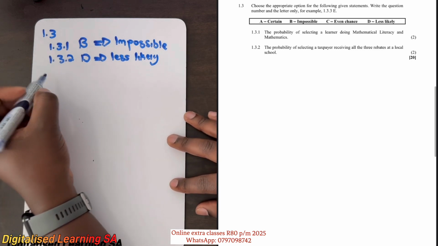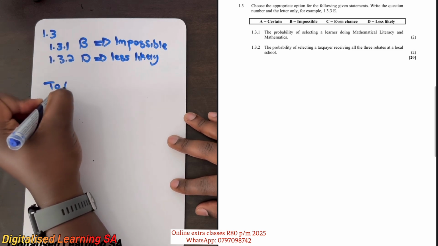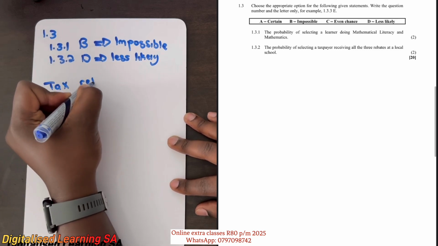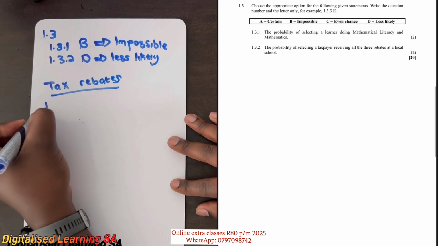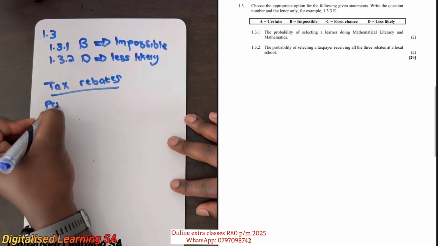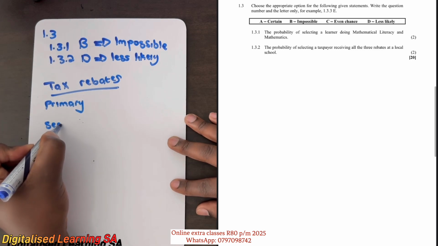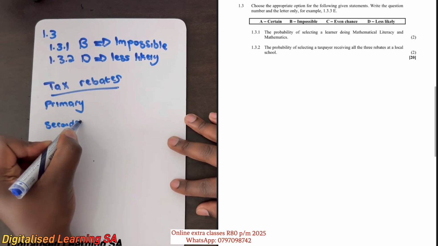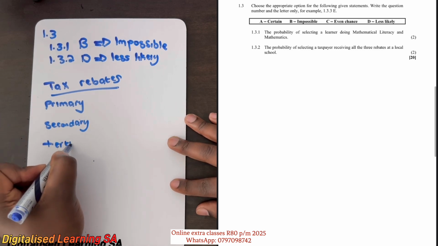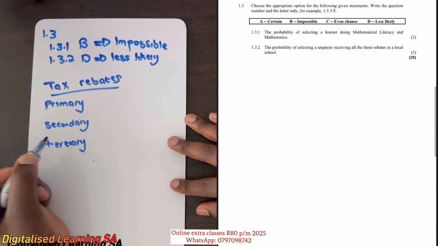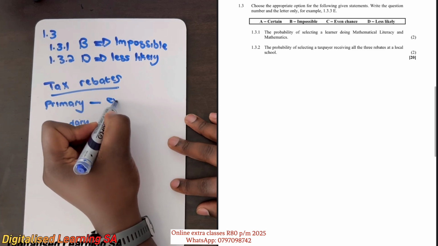If we are speaking about tax rebates, we know that we have the primary rebate, the secondary rebate, and the tertiary rebate. The primary, everyone qualifies.